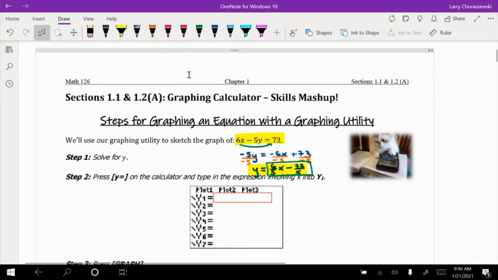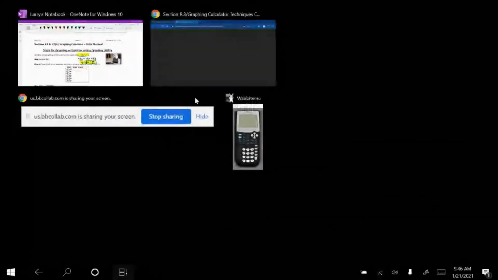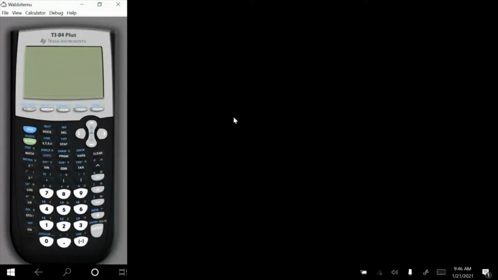So let me pull up my graphing calculator. All right, gonna fire this up by pressing the on button. And to get this equation entered into the graphing calculator, you want to go up to the very top row and press the first button.